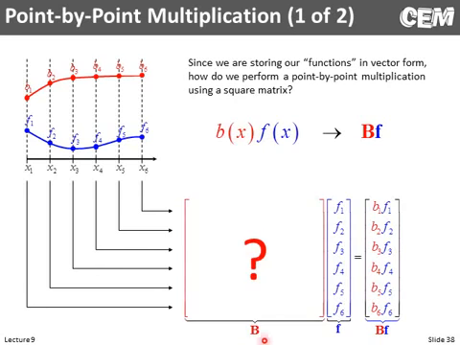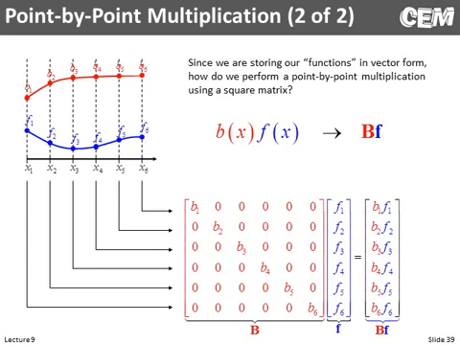So the question is, what would this big square matrix look like so that we would get this column vector that has the point-by-point multiplication? It's b1 times f1, b2 times f2, b3 times f3. So what needs to go in this big matrix so that we would get this as a result? When we figure that out, we will have the big square matrix, or our matrix operator.